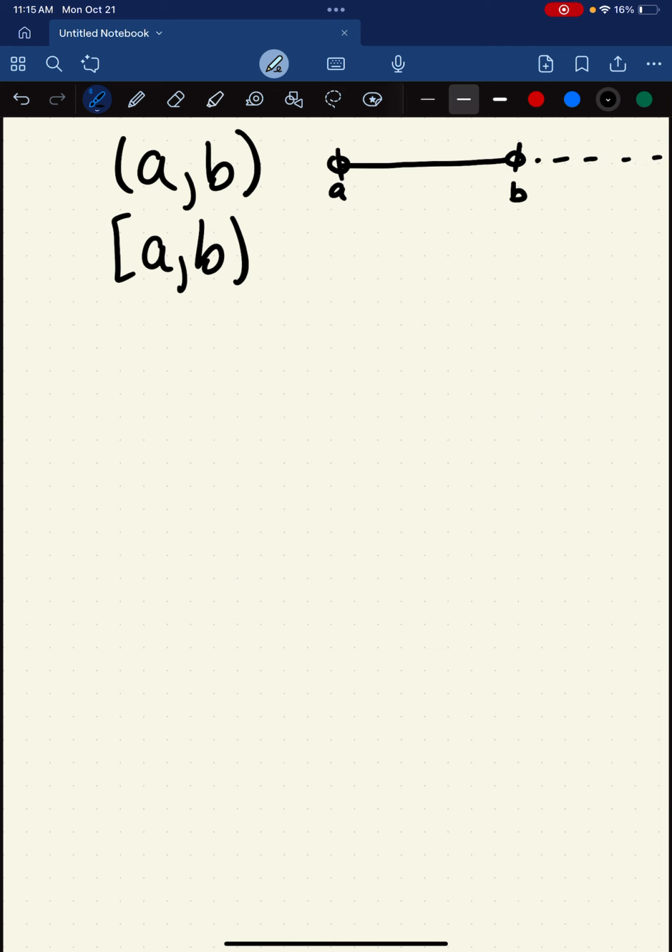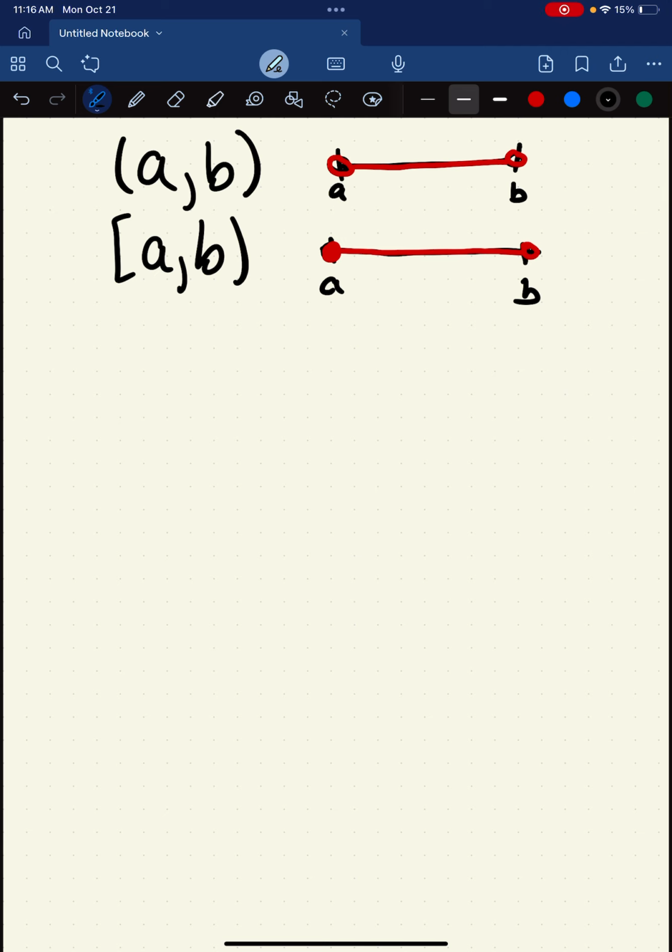And b may be infinity, so this actually may just keep going off forever, like what we saw in the previous example. [a, b), we've seen, looks like, here's a, b, solid dot here. Maybe I should do this in red, kind of like I did before. Solid dot here. It can get up to b, but not include b, so it's an open circle.